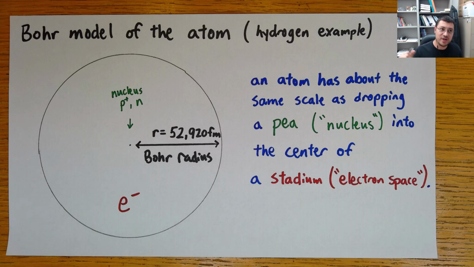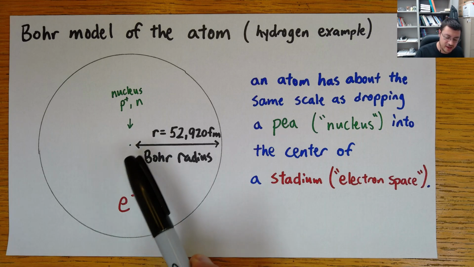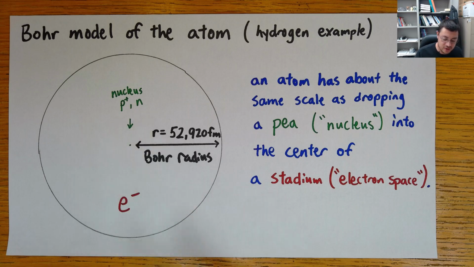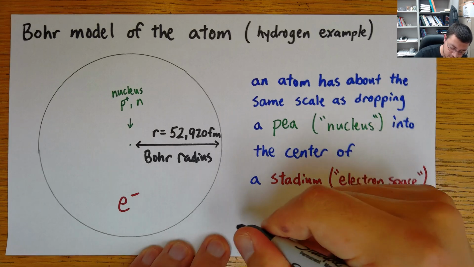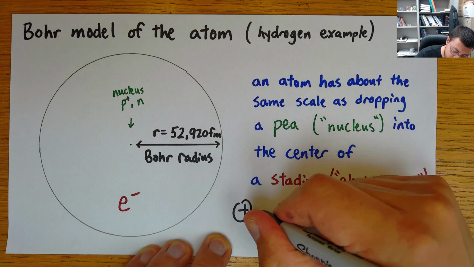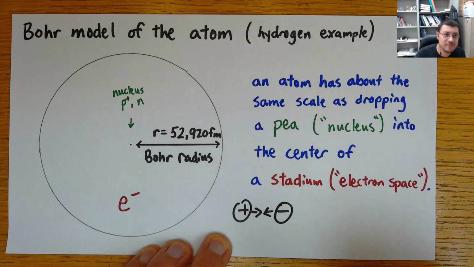Unlike gravity, which is how masses get attracted to each other, a completely different property is at play when it comes to an atom. We have something called the electrostatic force, also known as the Coulombic force. And that's the simple idea that plus and minus charges attract each other.